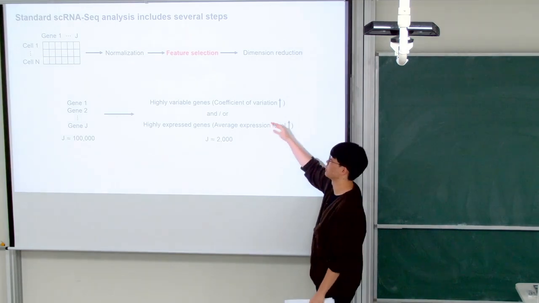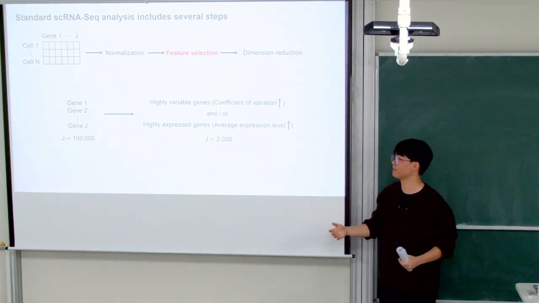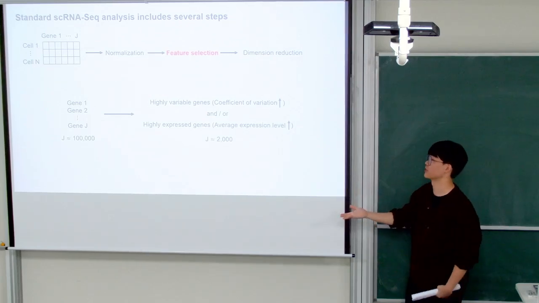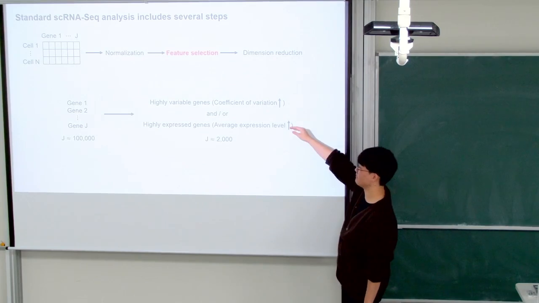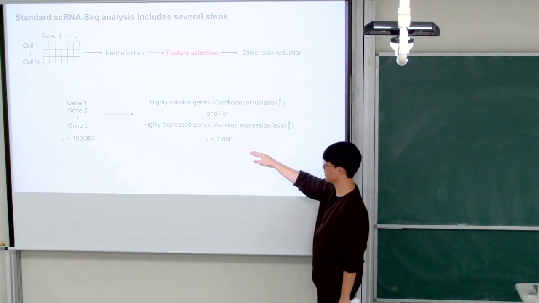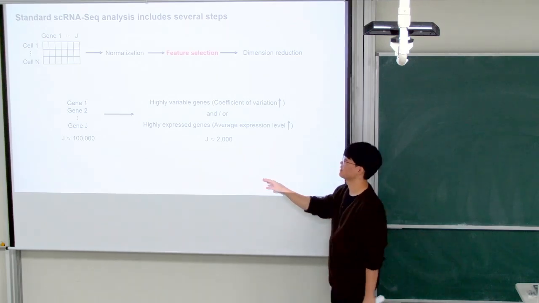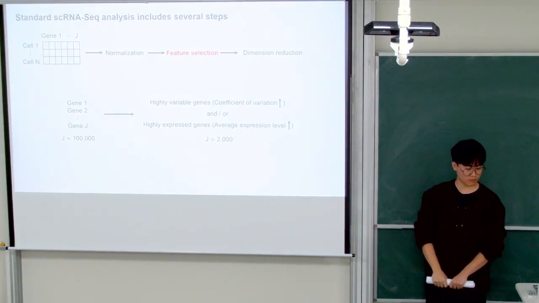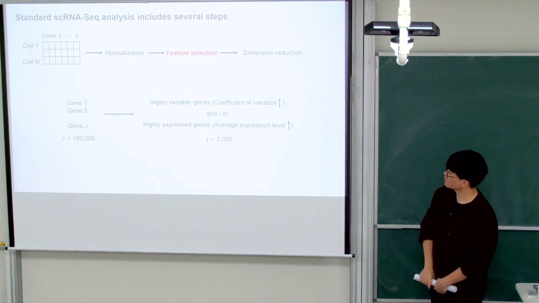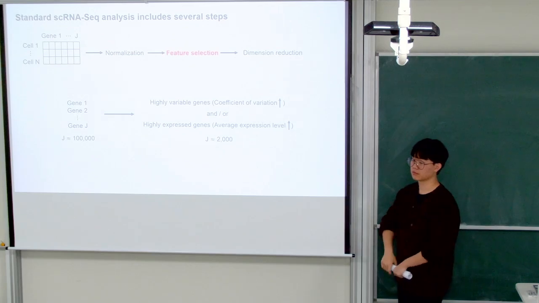Highly expressed genes mean that for every cell, those genes are expressed. We pick genes with high variability and high expression, about 2,000 dimensions. So highly variable genes means variable across the cells.